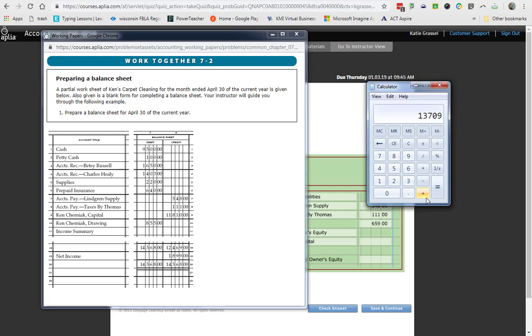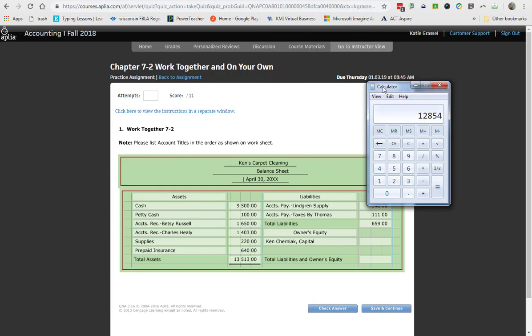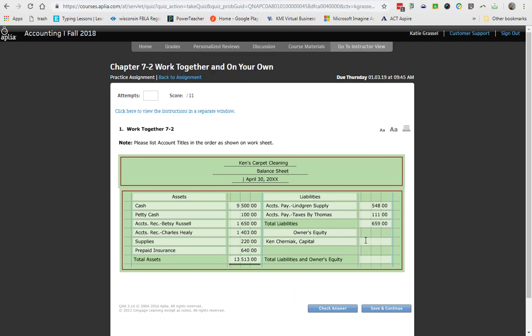My drawing. And what do I do to drawing? Subtract, because it is a debit balance to my credit. So I have to go in and I have to subtract $855. So that gives me my new balance of capital of $12,854. This is the most common mistake that is made in this chapter.